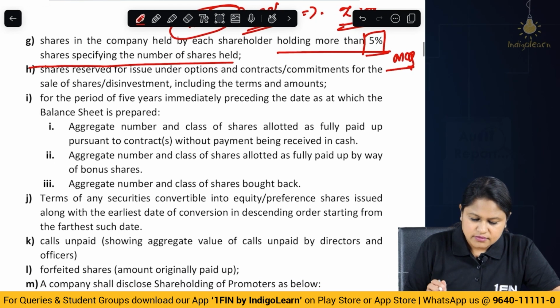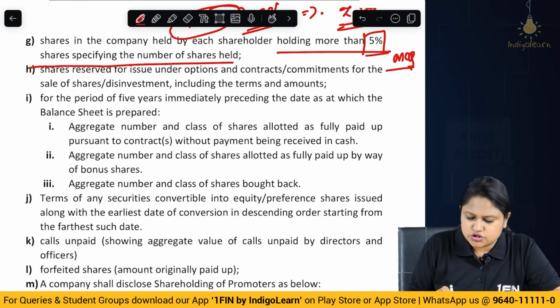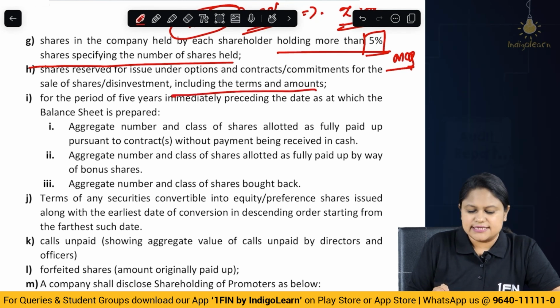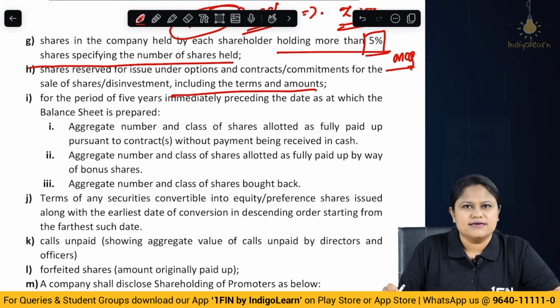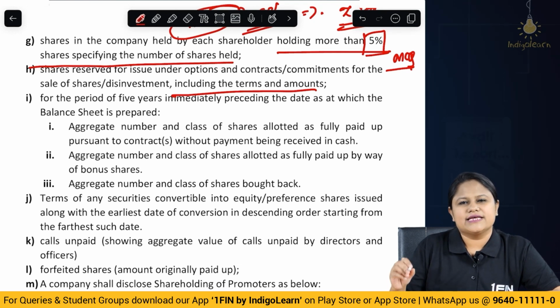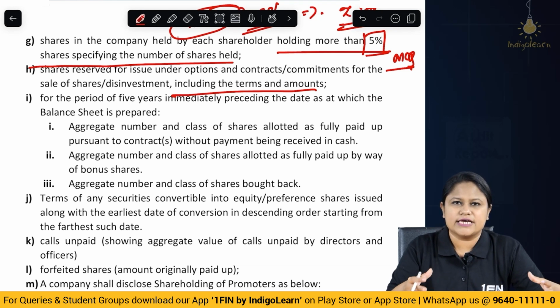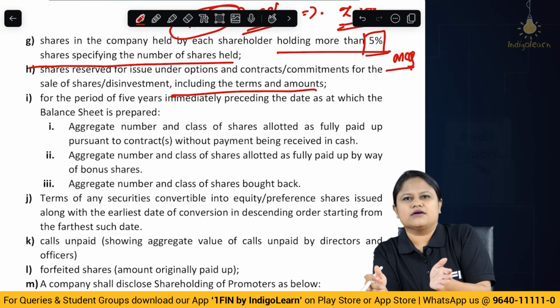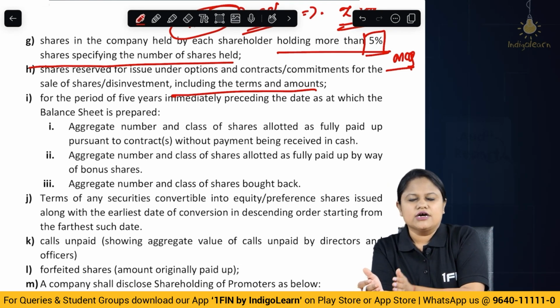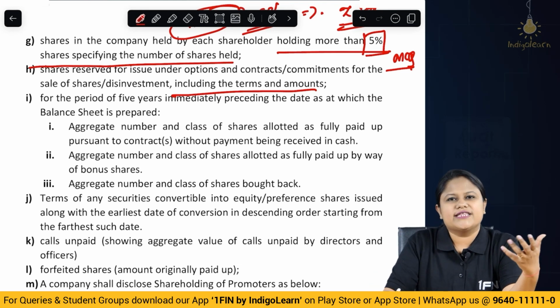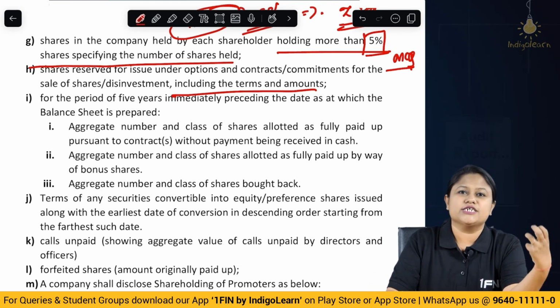Then shares reserved for issue under options and contracts or commitments for the sale of shares or disinvestment, including the terms and the amounts. This is nothing but when we issue shares to employees as options today, they will not get the shares immediately, but some shares are kept aside for them so that tomorrow, after the vesting period is completed, they can exercise their option and buy the shares at a price which is pre-decided today.